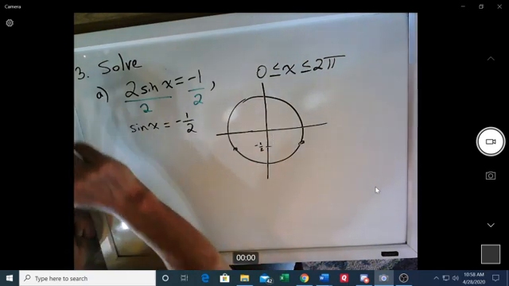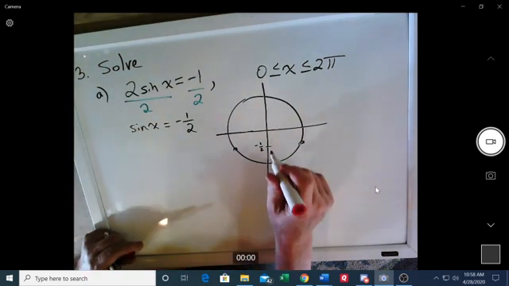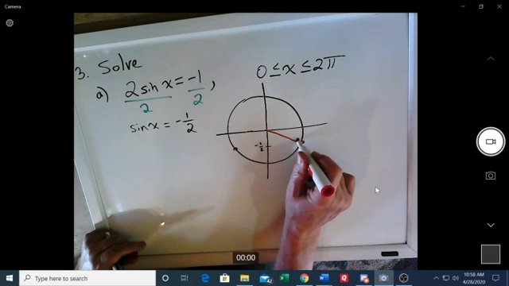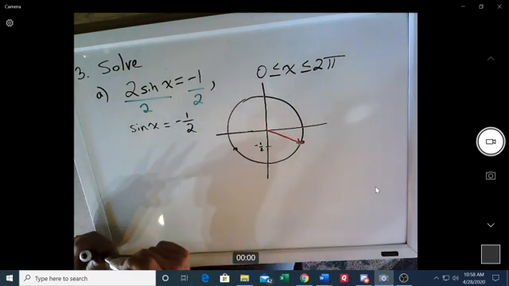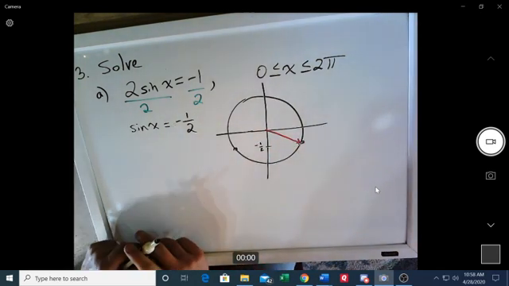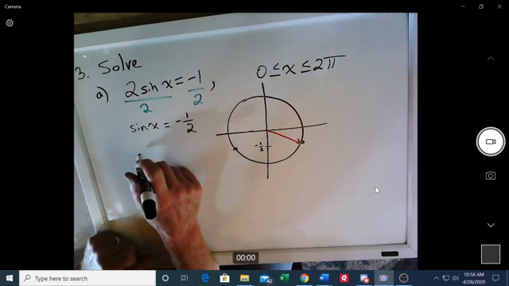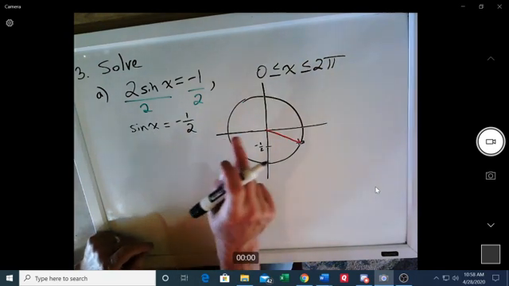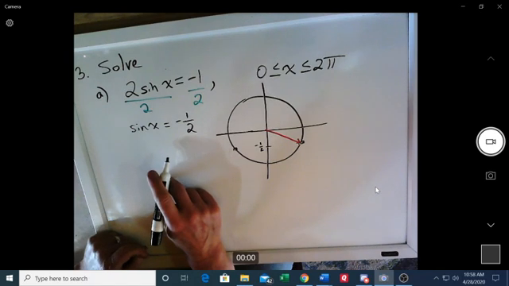One of these, when I punch this into my calculator, it would tell me, but it would tell me in the wrong format.